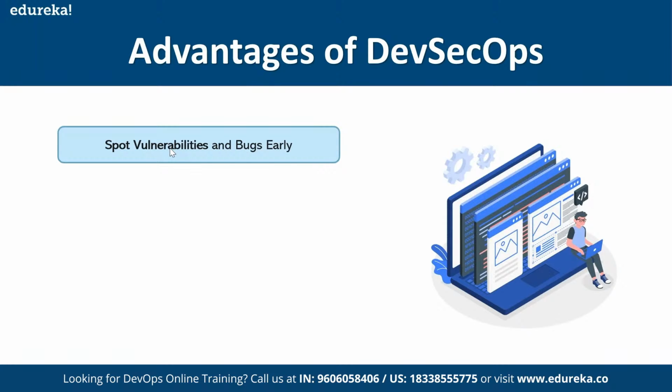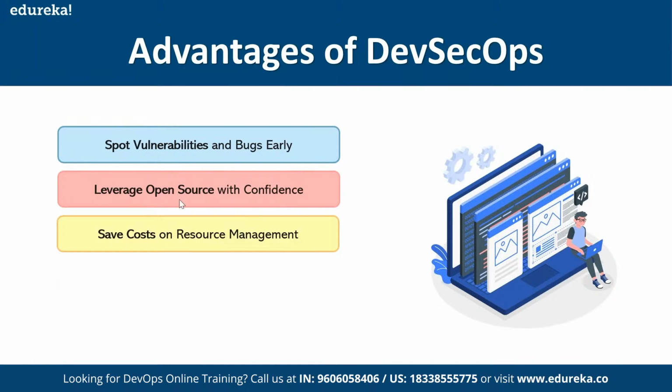I read through one slide and SAST was mentioned there, right? SAST. DAST is for a later stage of the life cycle. Is an environment required for SAST or for DAST? SAST doesn't require an environment; DAST does. For SAST, just source code is required. Leverage open source with confidence, because if your open source is error free and vulnerability free, then you can leverage it confidently.